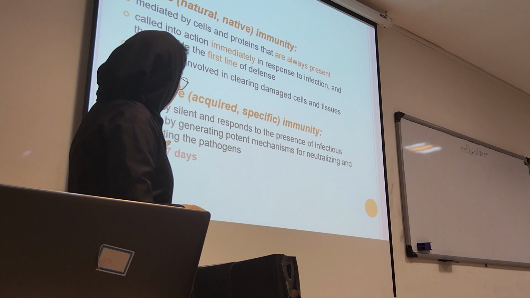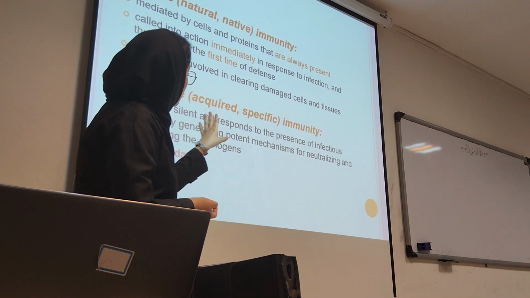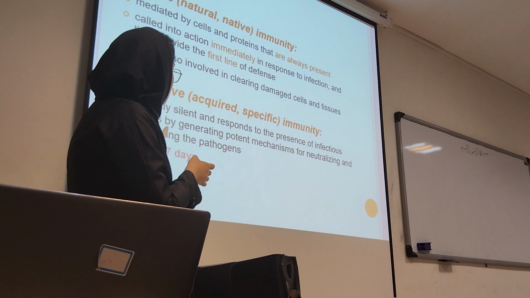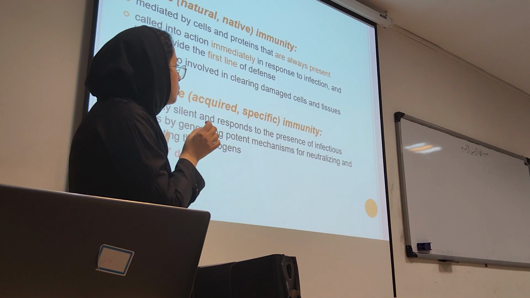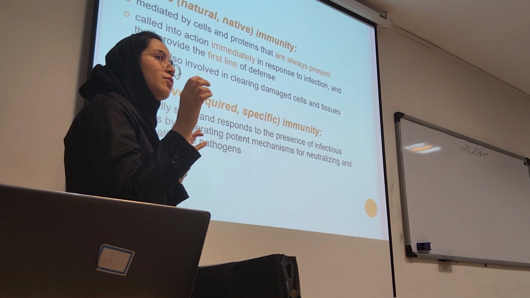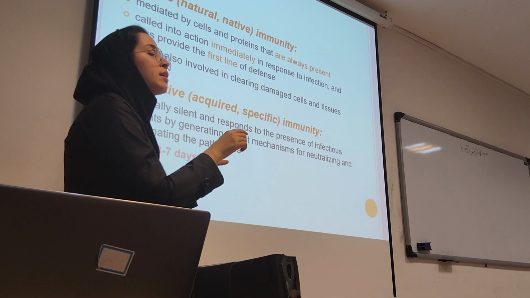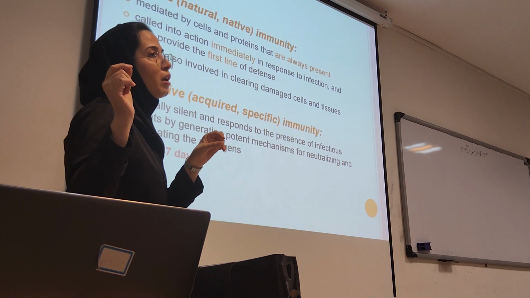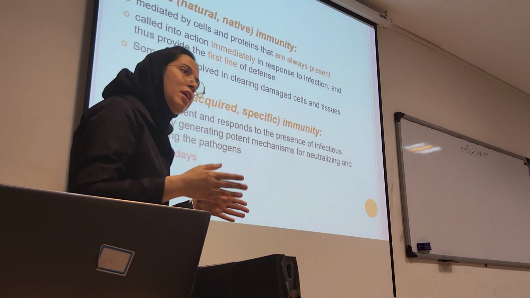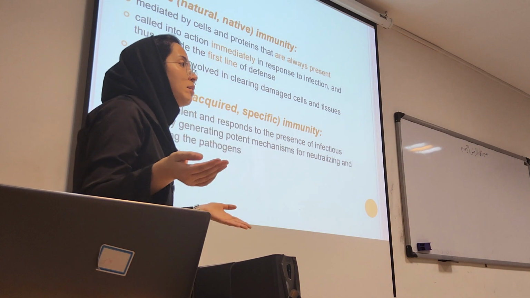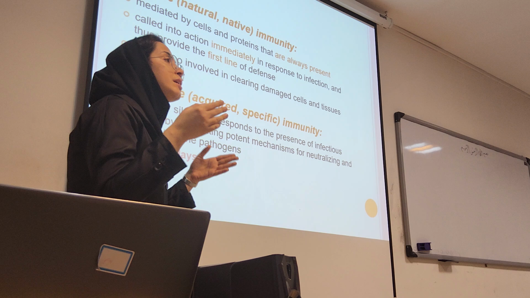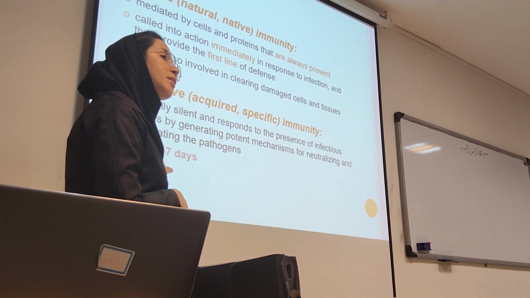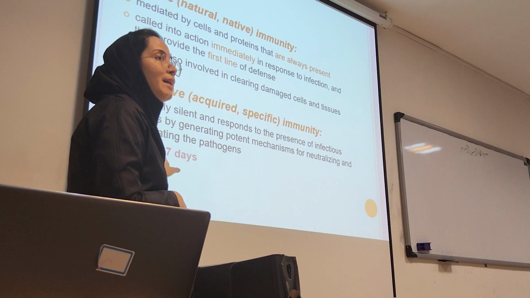And we have adaptive, acquired, or specific immunity, which is specific against different types of antigens. For example, this type of lymphocyte produces antibody against a specific type of antigen. So the first line is the innate immune system, and we have activation of the adaptive immune system most of the time after 3 to 7 days.